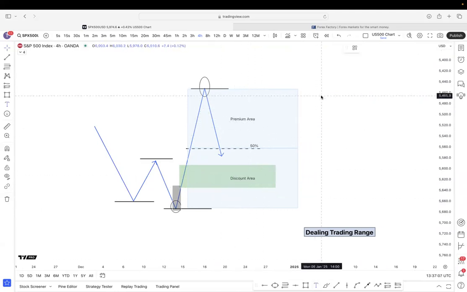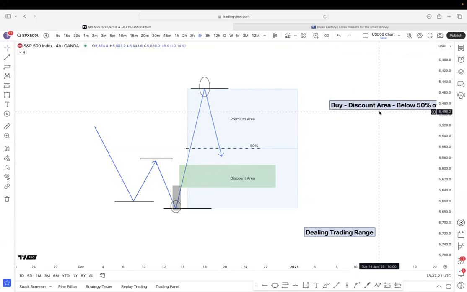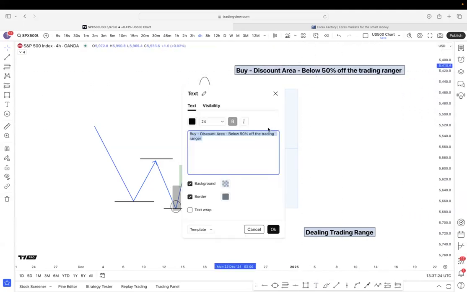So basically, we are looking to buy inside a discount area, which is going to be below 50% of the trading range. And I appreciate that's gone miles away, and my spelling again of the trading range right here. And then we want to sell in the premium area, which is above 50% of the trading range.